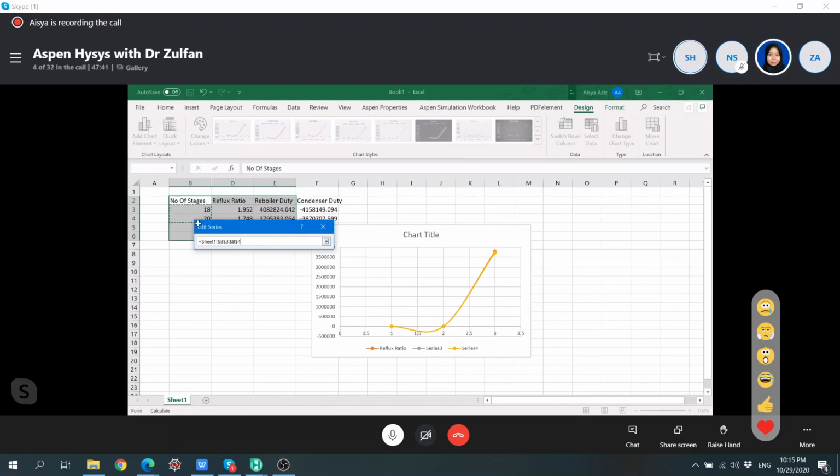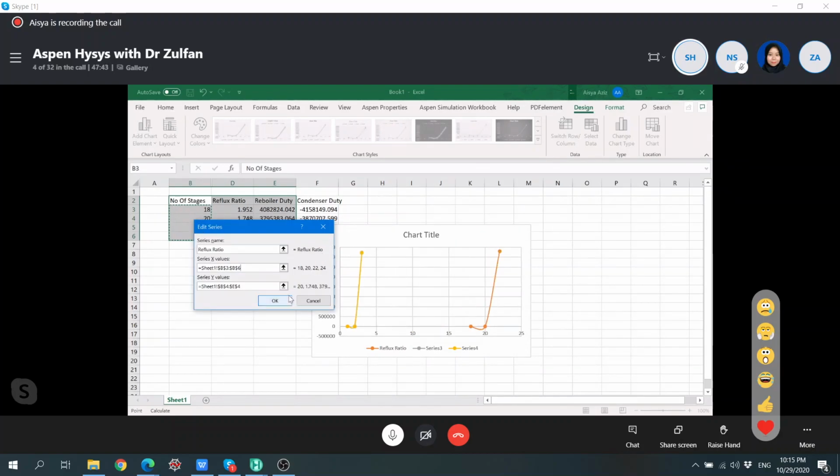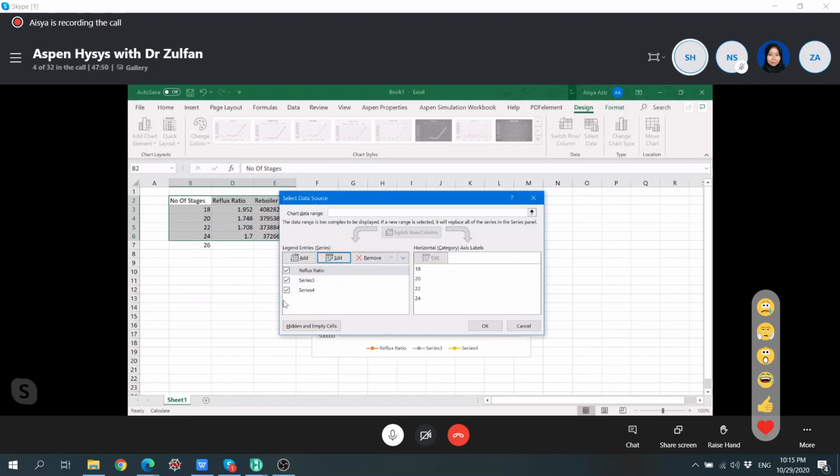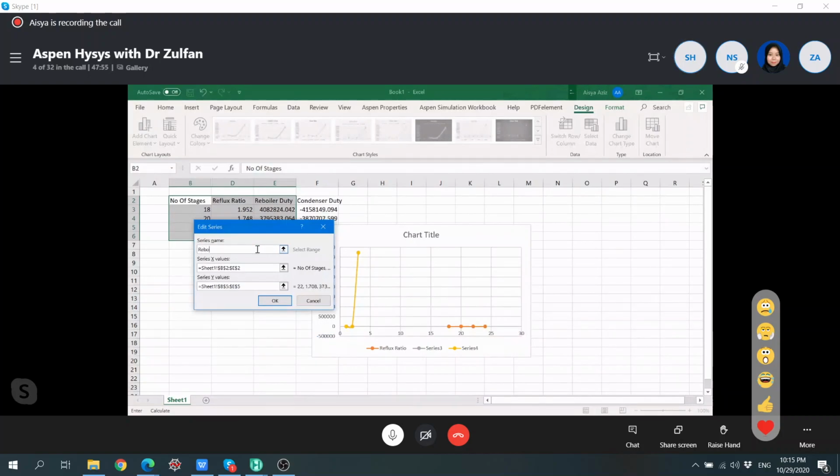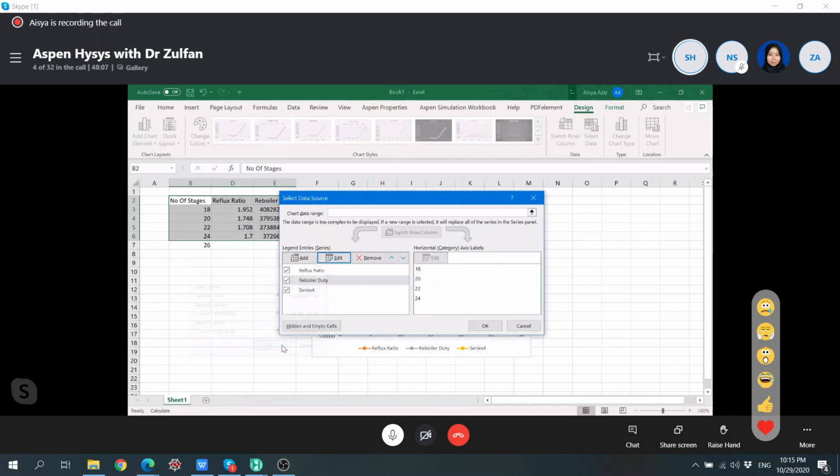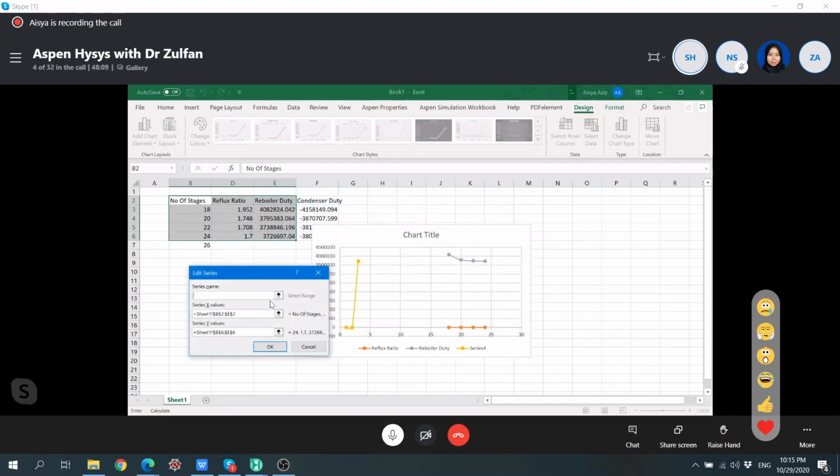Number of stages, and this is reflux ratio. Then series number 3, you change it to reboiler duty, for example. It's also number of stages and then the reboiler duty. And then remove that. Condenser, up to you, you can put condenser.